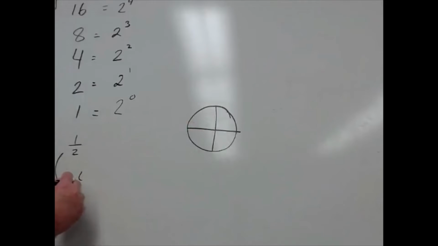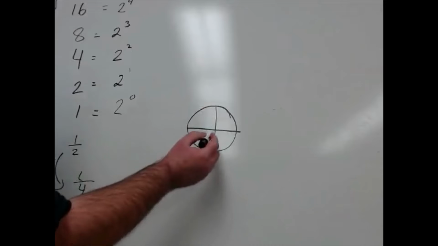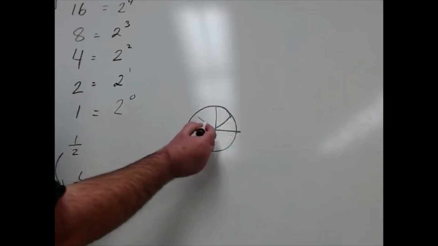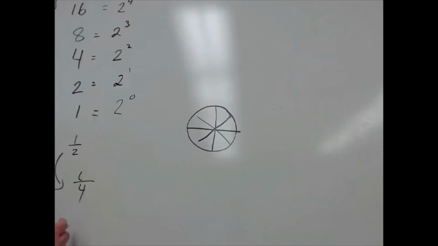So my next number is 1/4. And the next number down, if I cut each of these in half again, I end up with this divided into 8 pieces, so 1/8. And I'll stop there for now.